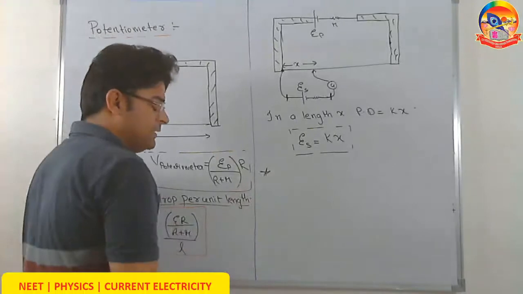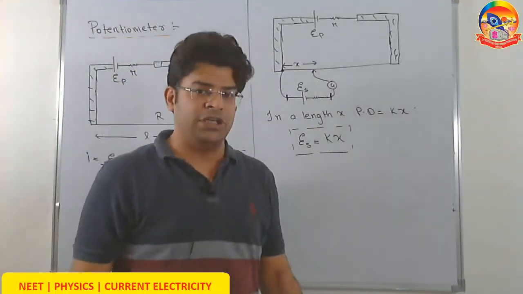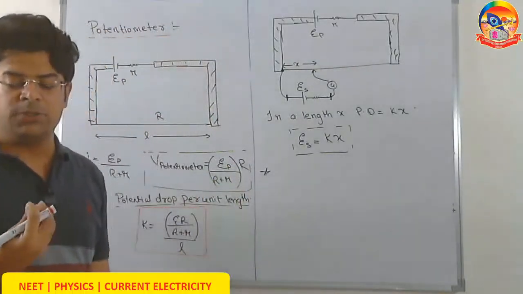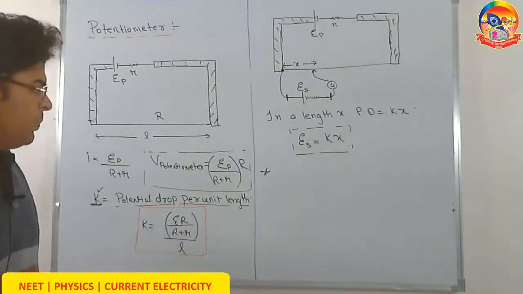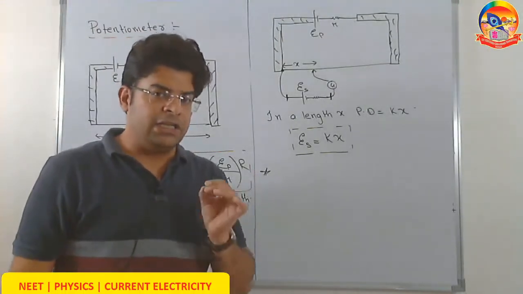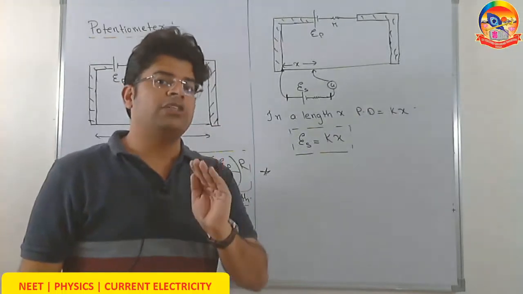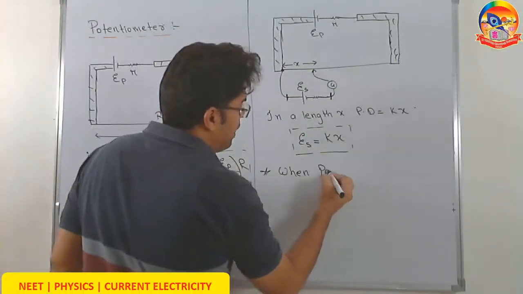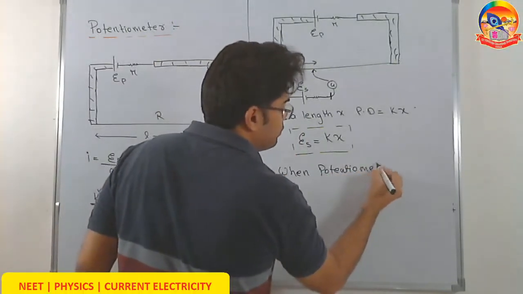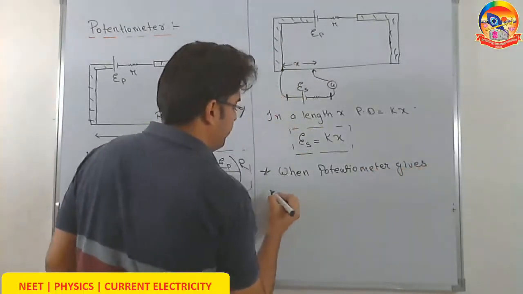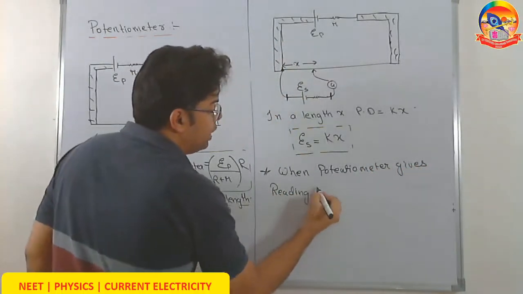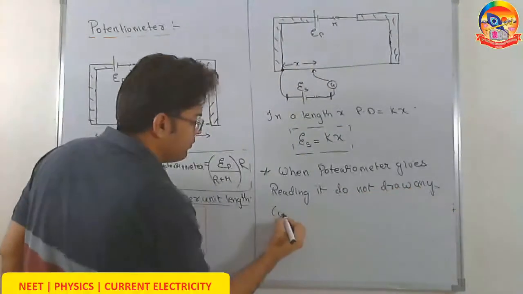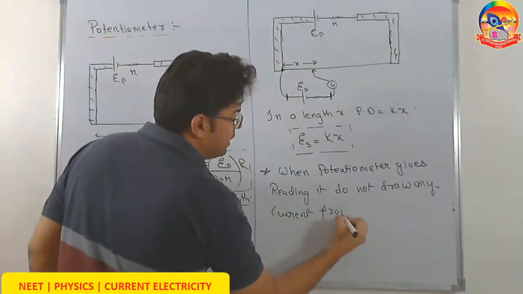This is how we use a potentiometer. Now one important point, this has been asked many a time in many different competitive examinations. Listen to it. Why is a potentiometer more accurate than a voltmeter? Whenever a voltmeter gives a reading, it is based on a galvanometer. It always draws some current from the circuit. But when a potentiometer gives a reading, it does not draw any current from the secondary circuit.